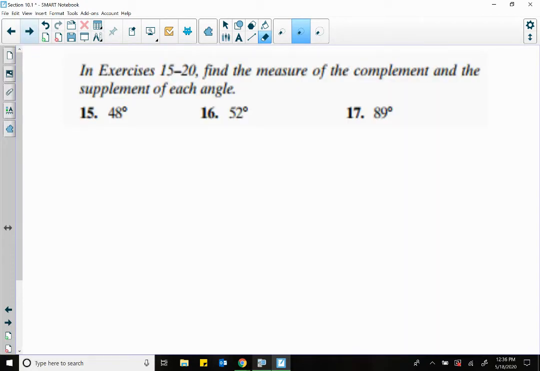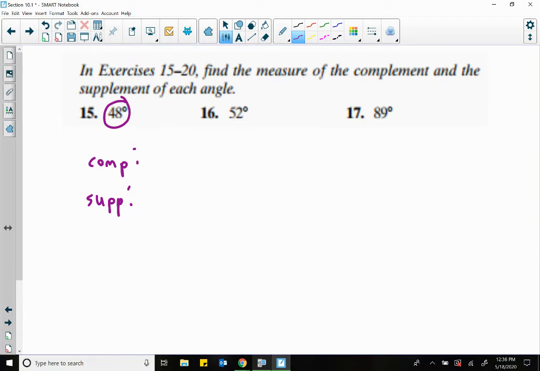All right, so what you will see in the assignment is they will take some of these and they'll say, here's a measure. So here is the angle 48 degrees. I want you to find me the complement, and I want you to find me the supplement. That kind of looks like an A. Let's fix that. All right.